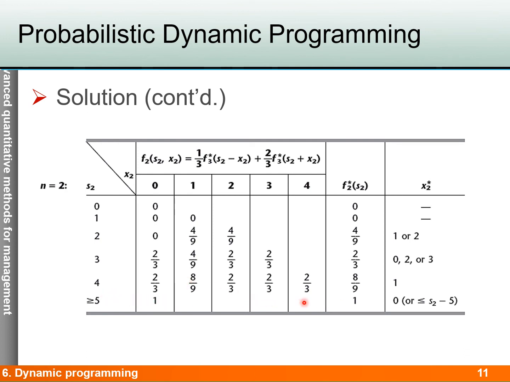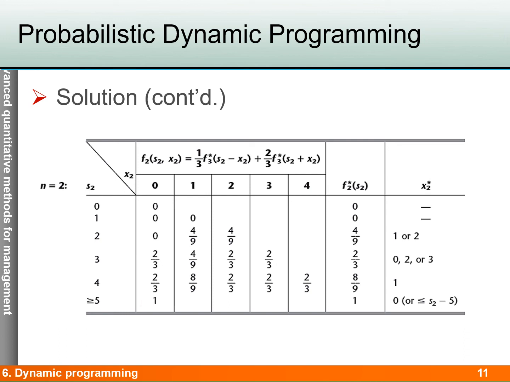And in this line, all of these items are 1, but I just write this one in this part. Why? Because when I have 5 or more than that, I'm already a winner. But what happens? I don't bet, because if I bet, nothing changes, because I'm already a winner.